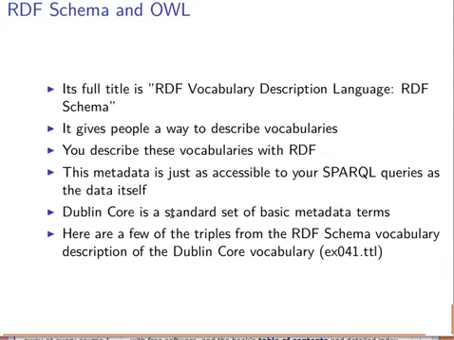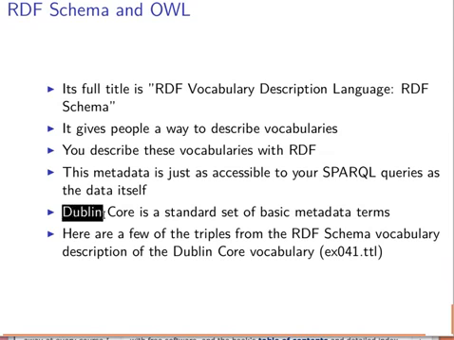It is actually a standard set of basic metadata terms. So in there we can find some metadata terms that we can use to describe our own vocabularies. Yes. Now, Dublin Core, this is not the Dublin in Ireland, by the way.